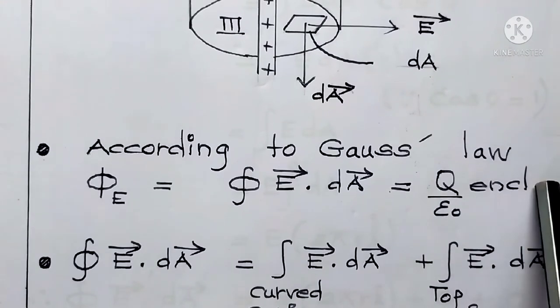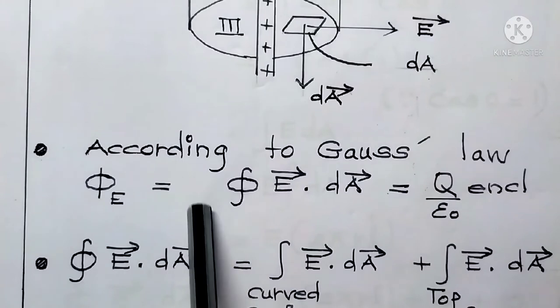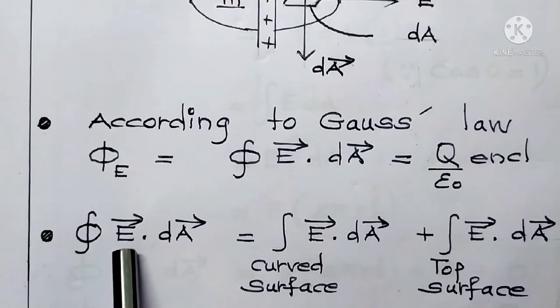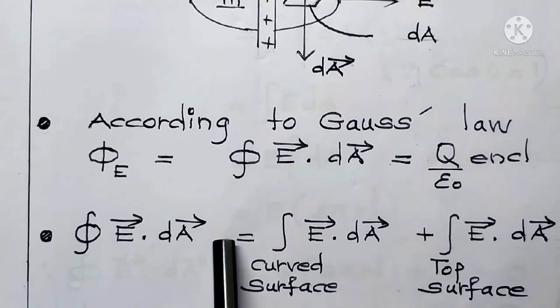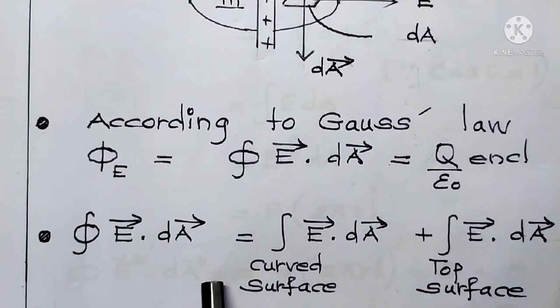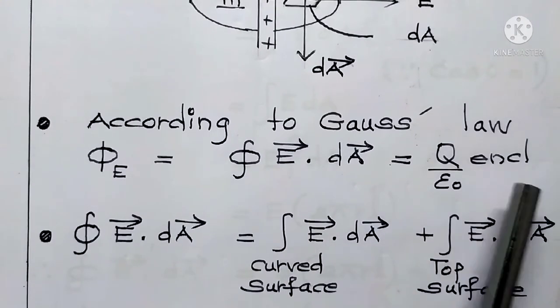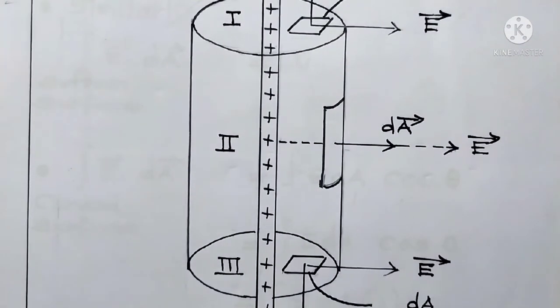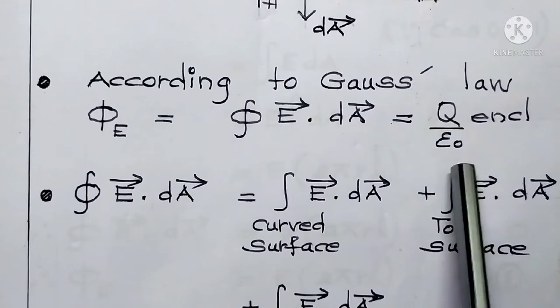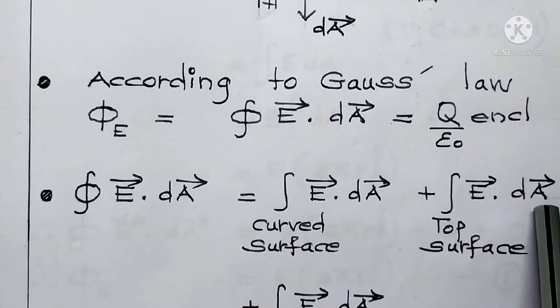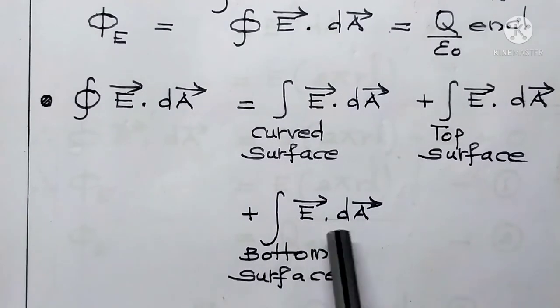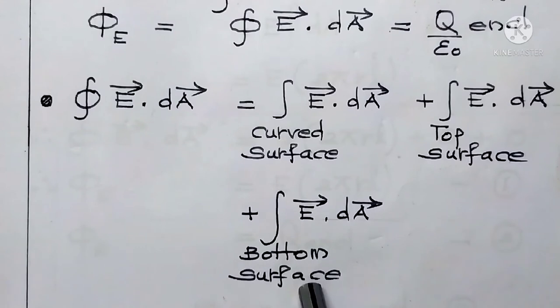That's what it means. Now, I am going to take this term and write over here: this surface integral of E vector dot dA vector is nothing but the surface integral of E vector dot dA vector due to the curved surface, plus integral of E vector dot dA vector due to the top circular surface, plus integral of E vector dot dA vector due to the bottom circular surface.